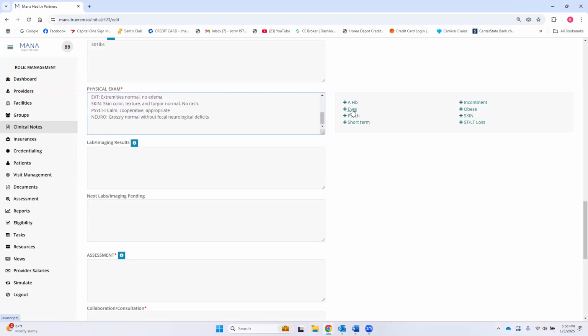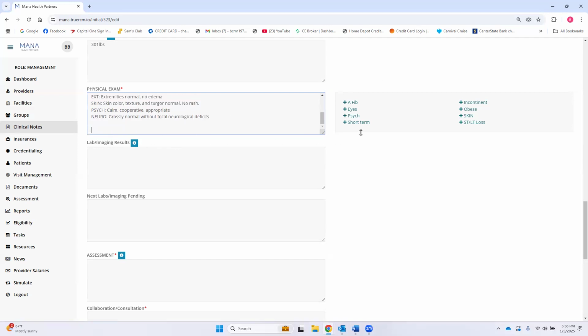If you look at eyes, it will bring up vision impairment and glasses. If you bring up psych, it will say agitated, angry, hostile, difficult to redirect. You can delete what is not applicable and then utilize what is there.